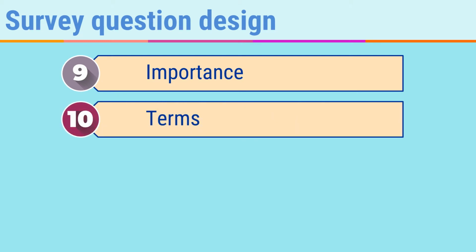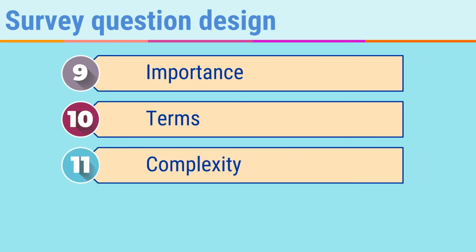We need to use concrete, specific, and precise terms to facilitate exact understandings. We need to avoid double-barreled questions, long and complex questions, technical language, negatively worded items, ambiguous questions, leading questions, questions which may cause embarrassment.